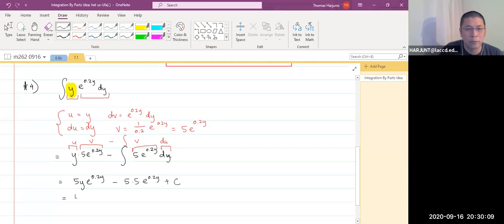Let me factor the 5 and e to the 0.2 y. That will be y minus 5, plus a constant.